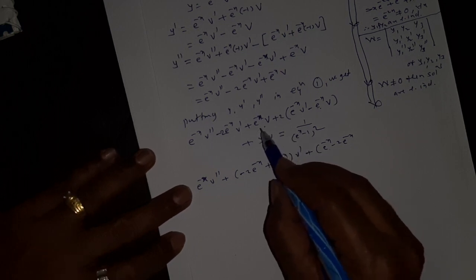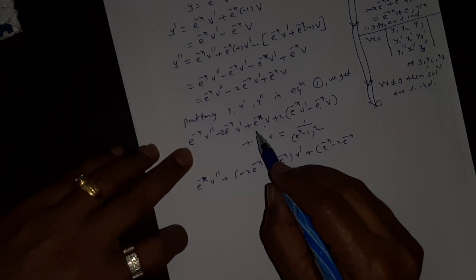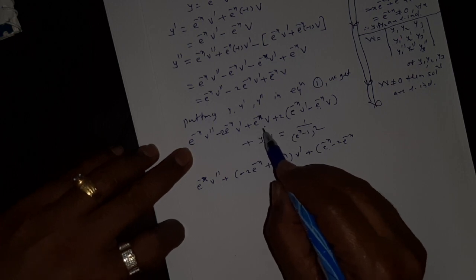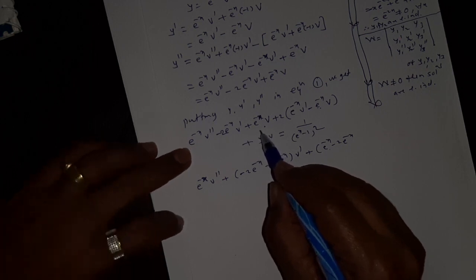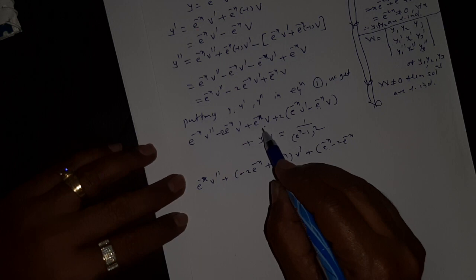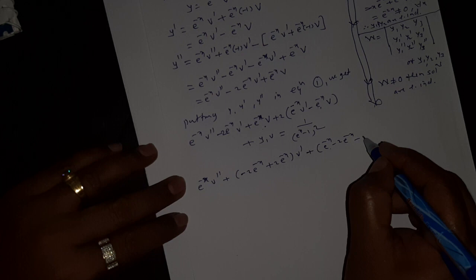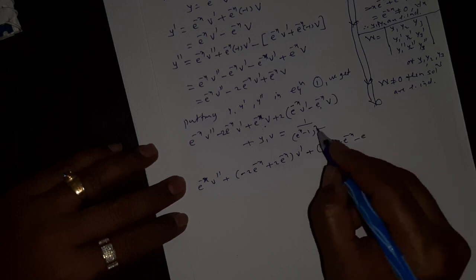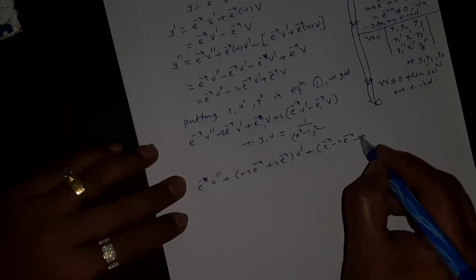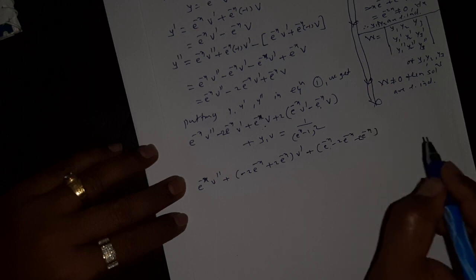This term, and this term, minus e raised to minus x, 2 times e raised to minus x.